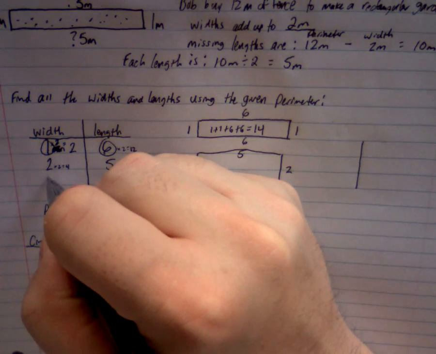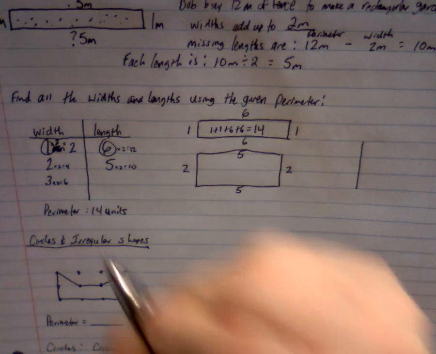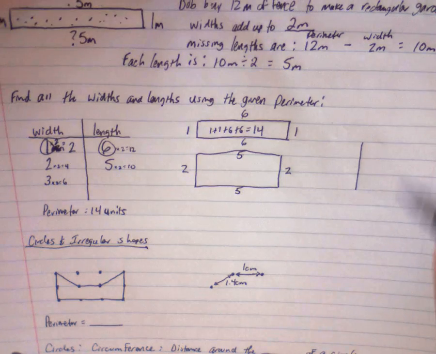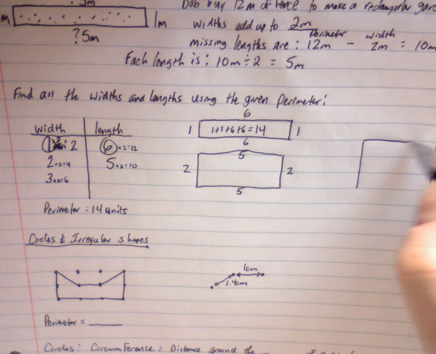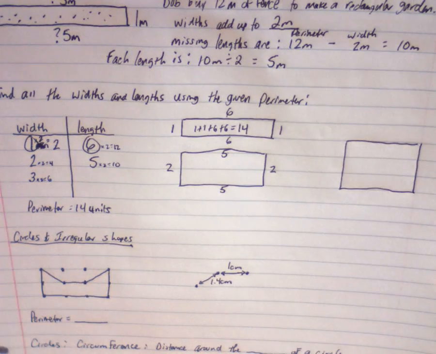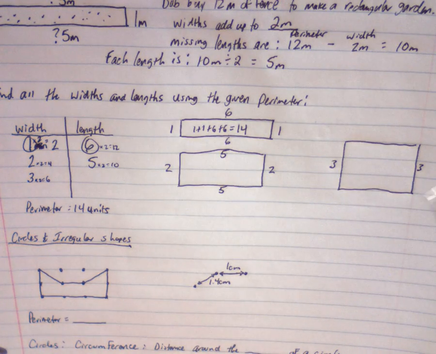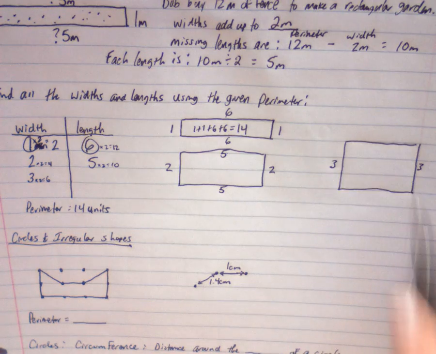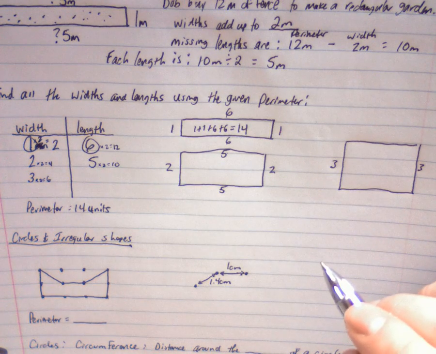Well, let's go up to 3. So 3 times 2 gives me 6. So here's 3, I know it's right here. When I look over, I have a width 3 and 3. So that gives me the 6. 14 minus 6 is 8.